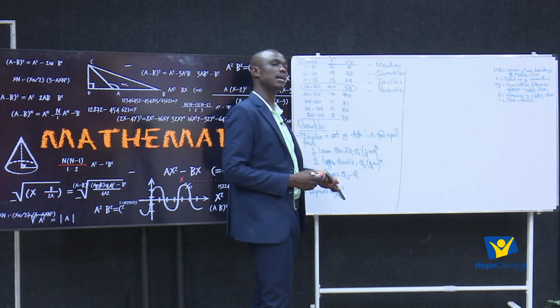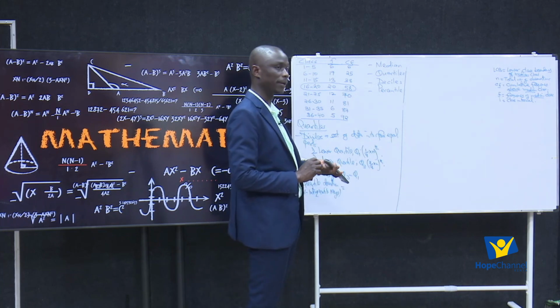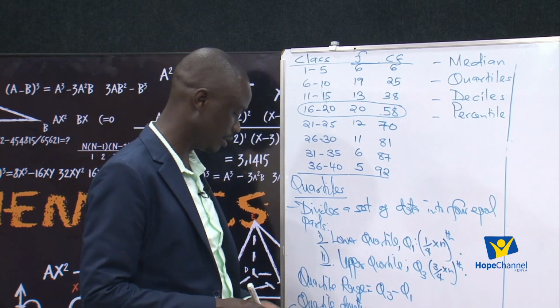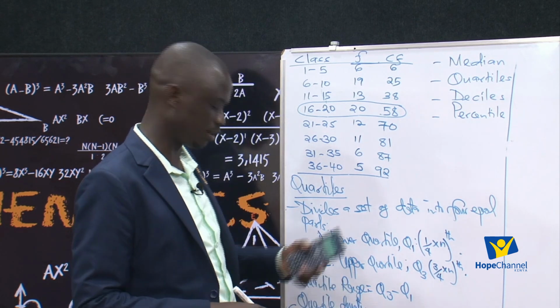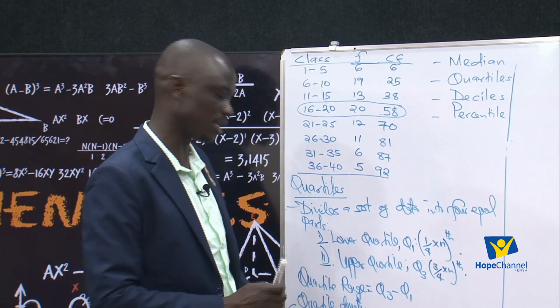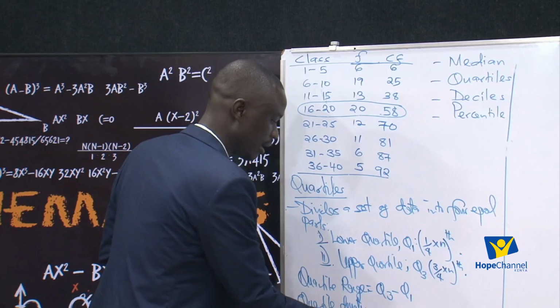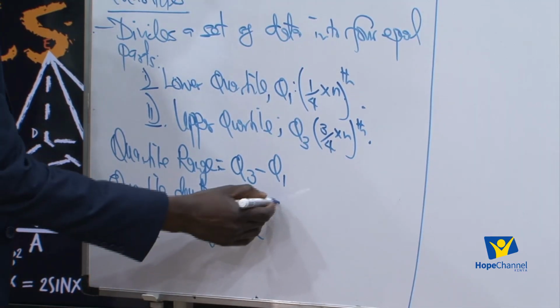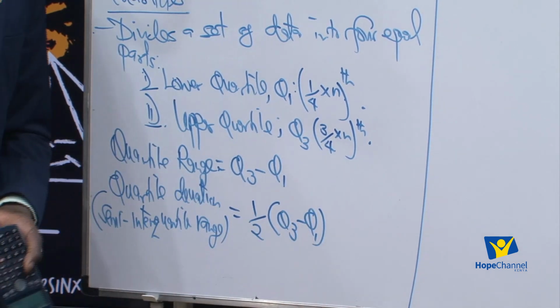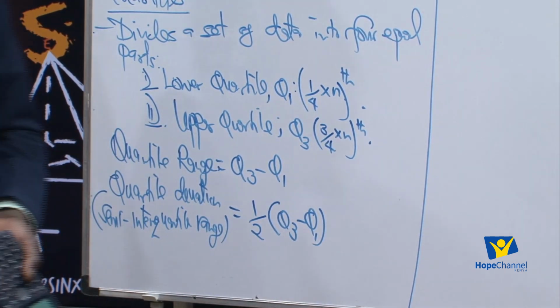These terms are used interchangeably. So maybe you have learned quartile deviation, then you meet somebody asking you to find a semi-interquartile range, and you think they are different things. They are the same thing. Semi means a half, so you simply say a half of Q3 minus Q1.